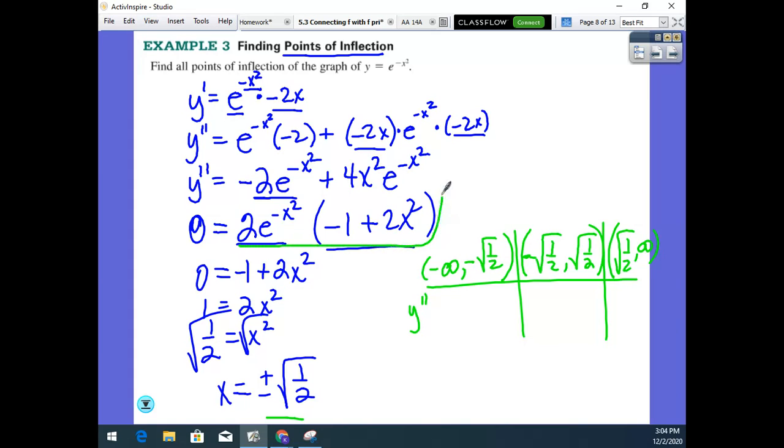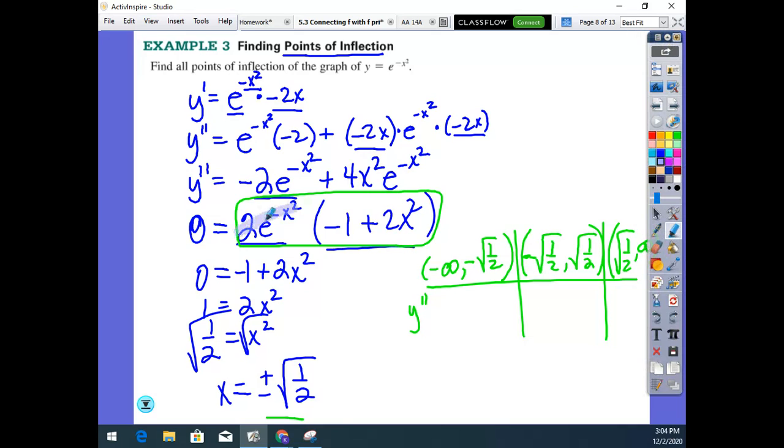And really, this is going to be the easiest place to do that because we know that this portion is always positive. 2 times e to a power will always be a positive value no matter what you plug in. So we're truly just looking at this portion. If we plug in, I don't know, -1 for x, that's going to be -1 plus 2.